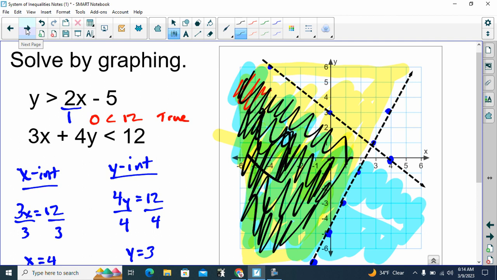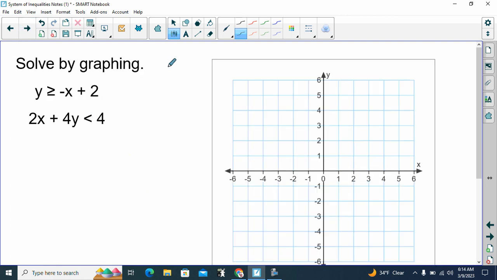Example 2 is a similar problem. We have y is greater than or equal to negative x plus 2, and 2x plus 4y is less than 4. First inequality, slope-intercept form, y-intercept is 2. Slope is negative 1.